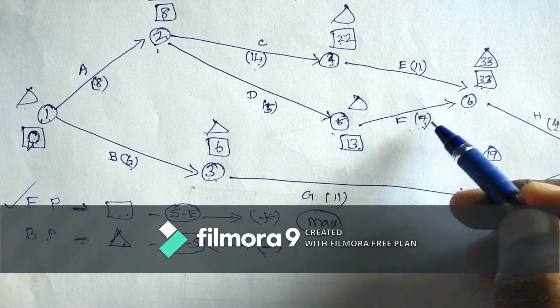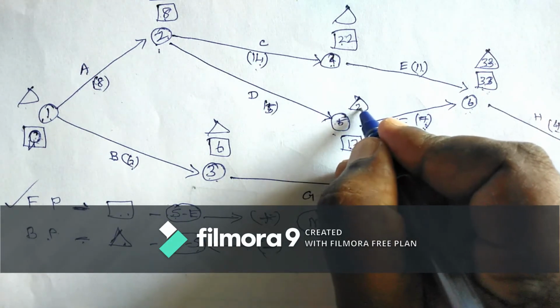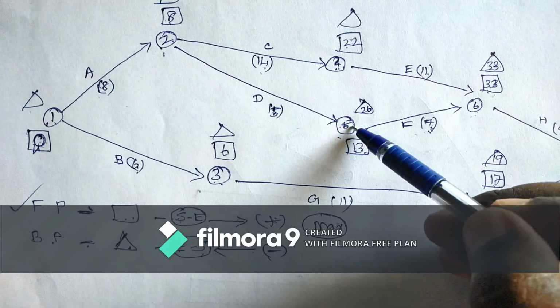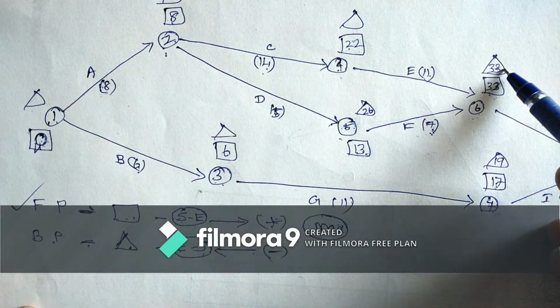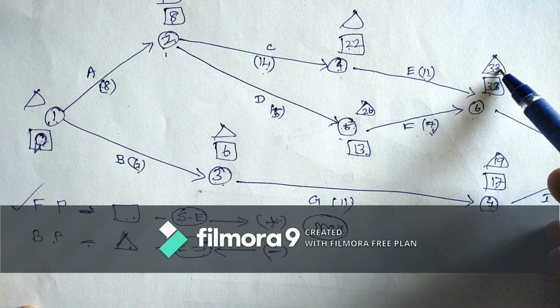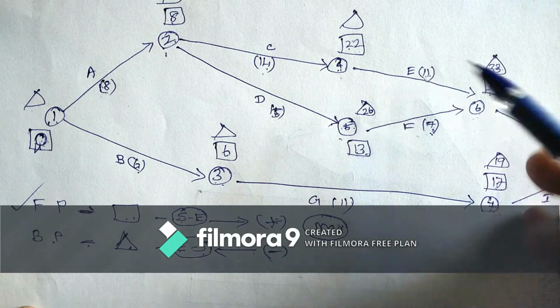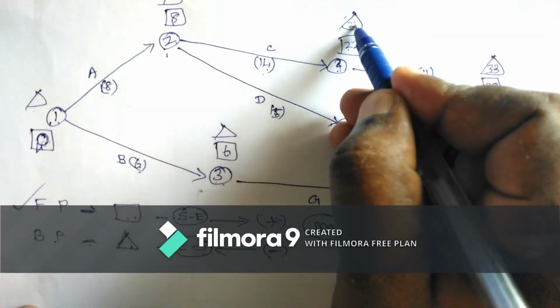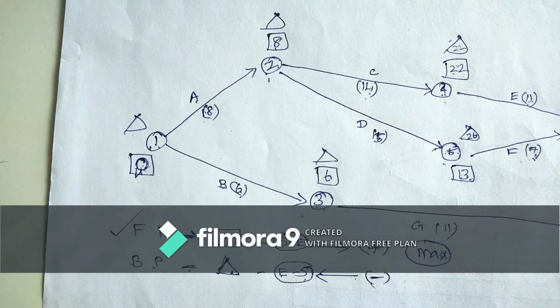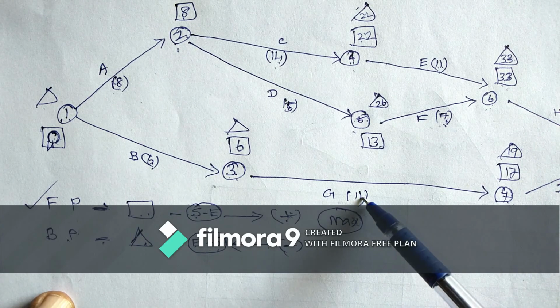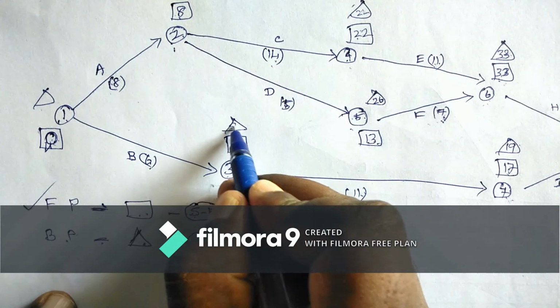So 33 minus 7 is 26. And 5th one over, now the 4th one. Next value 33 and current value 11. 33 minus 11 is 22. And here the third one, next value 19 minus 11 is 8.